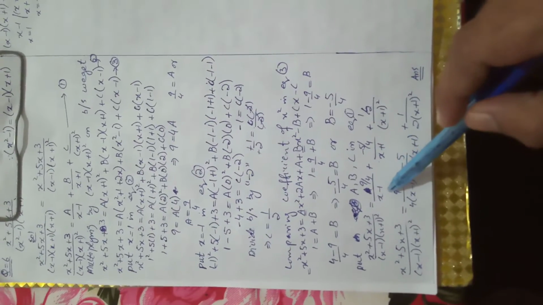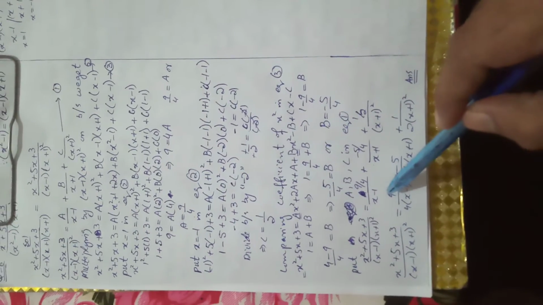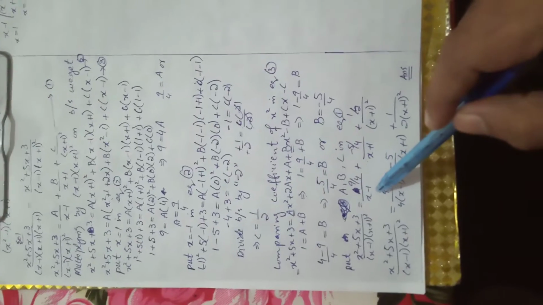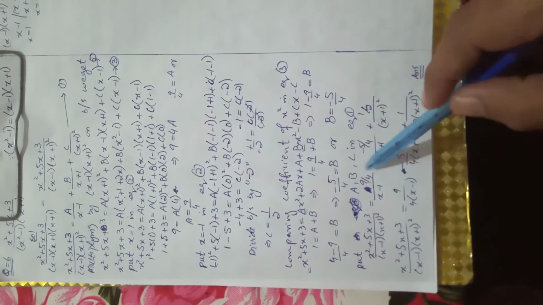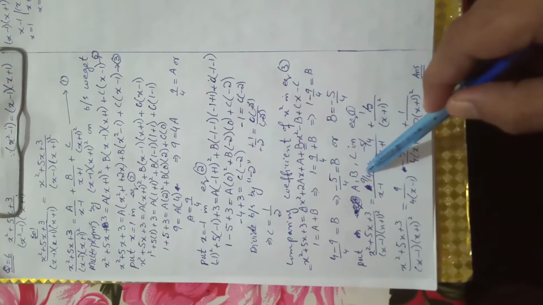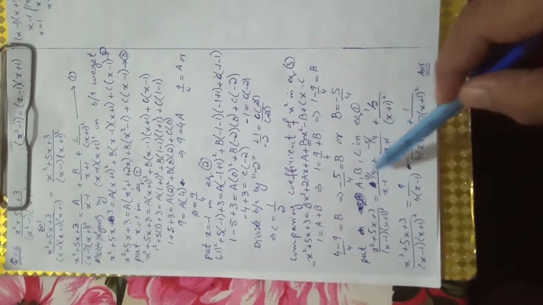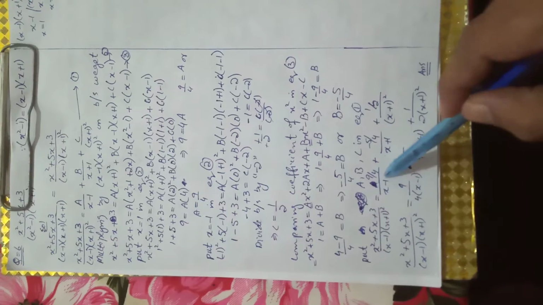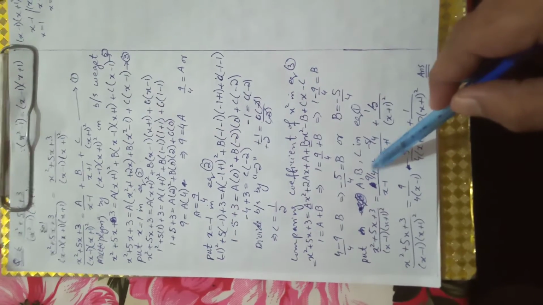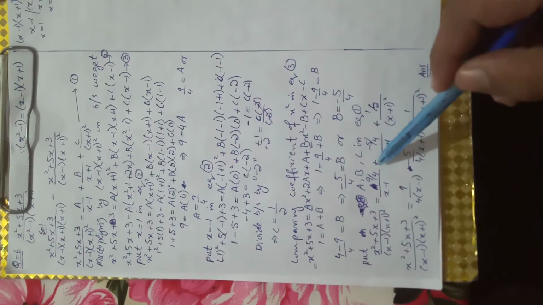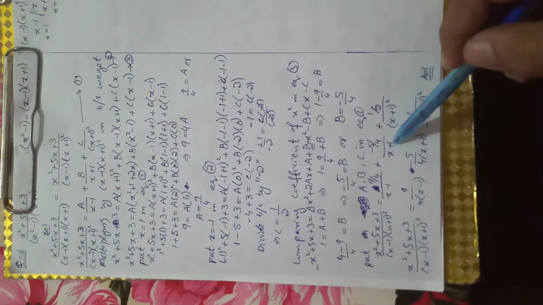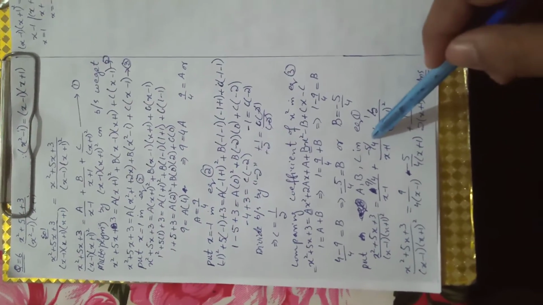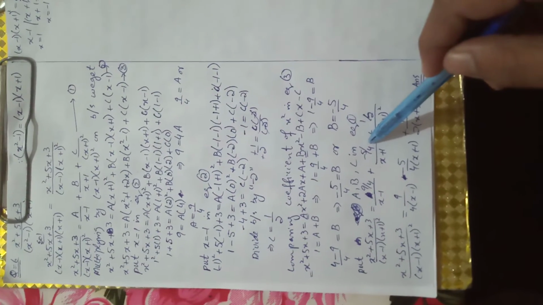So 9 by 4 into x minus 1. When x minus 1 moves to this side, it will be 9 into 4x minus 1, so x minus 1 will be multiplied with 4. Similarly, x plus 1 shifts over there, so it will be multiplied with 4.